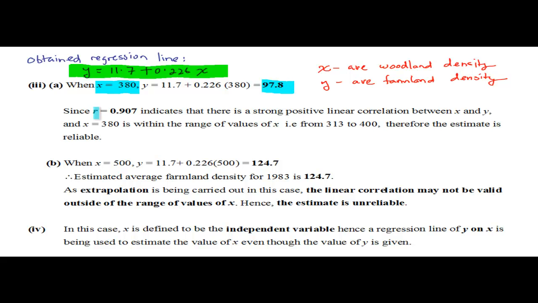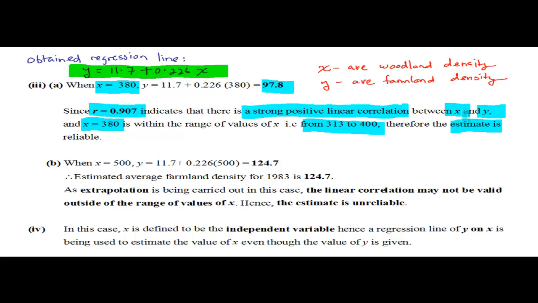Since our product moment correlation coefficient of 0.907 is very close to 1, there is a strong positive linear correlation between the woodland density and the farmland density. And since x equals 380 is in the range of values in the table for x, which stretches from 313 to 400, the estimate is indeed reliable.